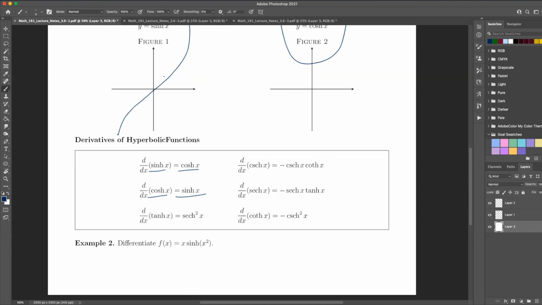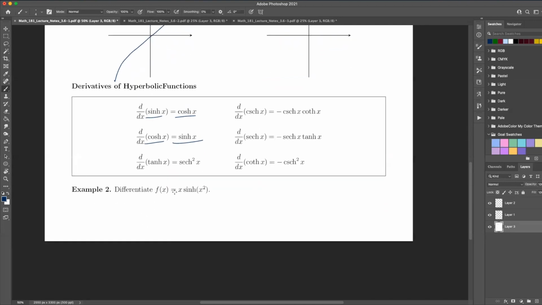What you guys care about is performing some stuff like differentiation. If I ever want to differentiate this, we're going to do the same thing we did last time.